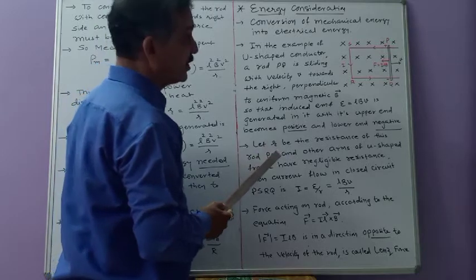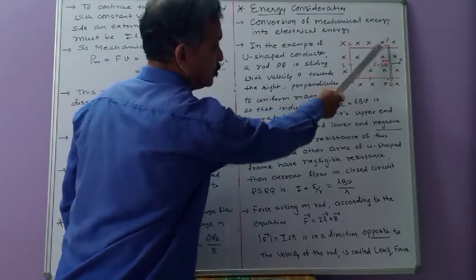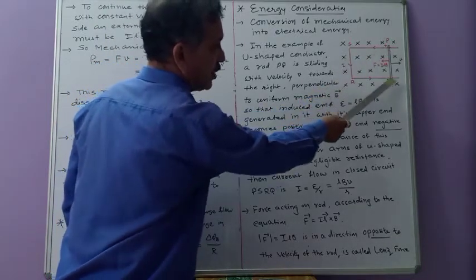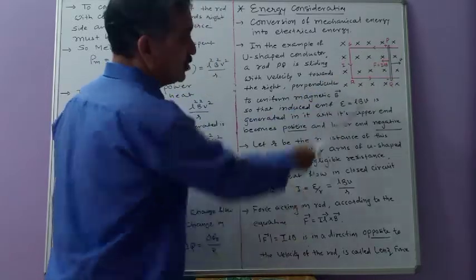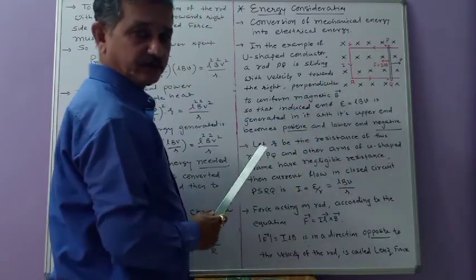That's why the current is generated from its positive terminal, which flows from P to S, S to R, R to Q, Q to P. So this conducting rod is now a current carrying rod.